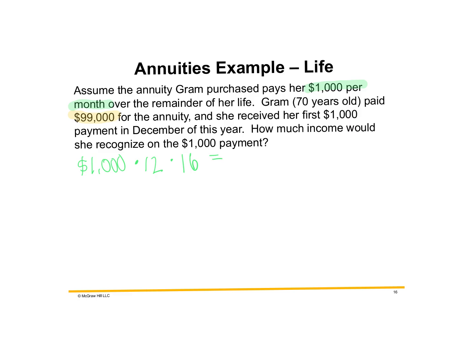So then if we take $1,000 for each payment times 12 to convert it to a year, and then multiply it by the expected return multiple of 16, that will get us $192,000.